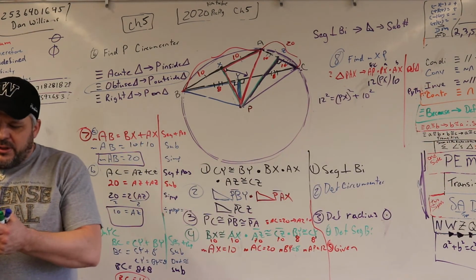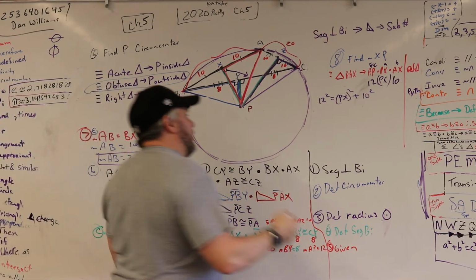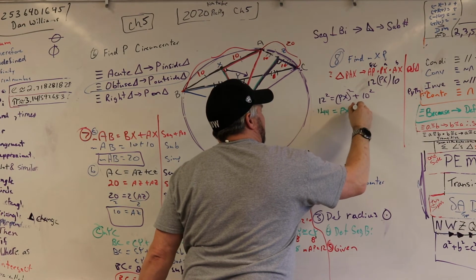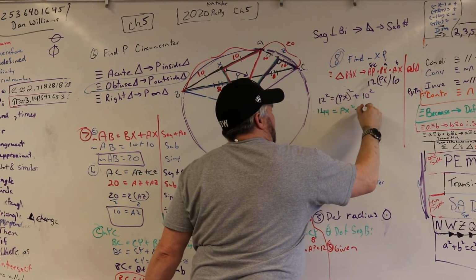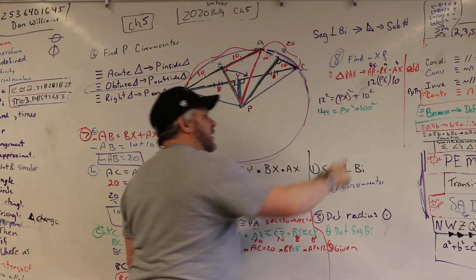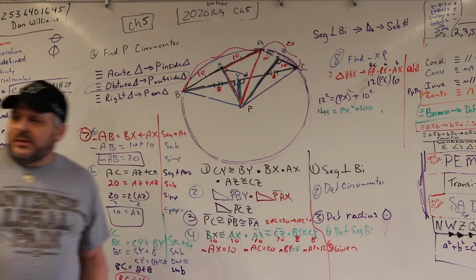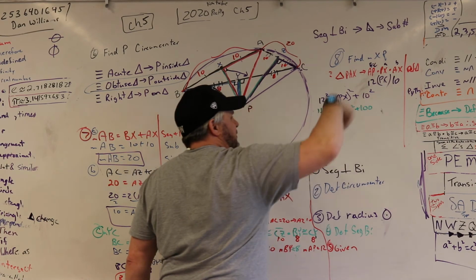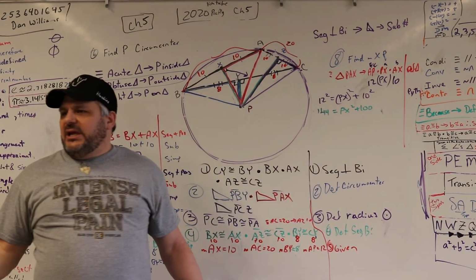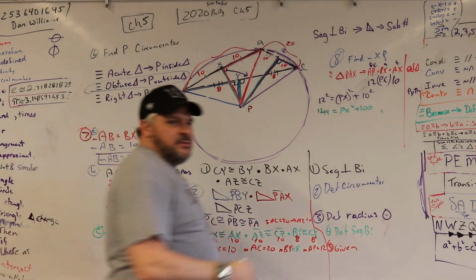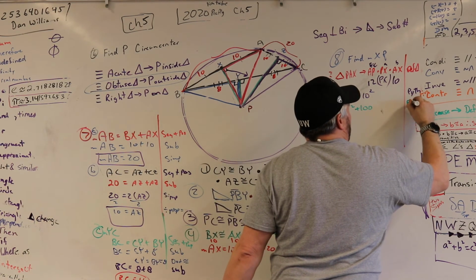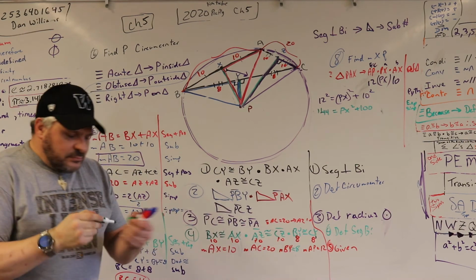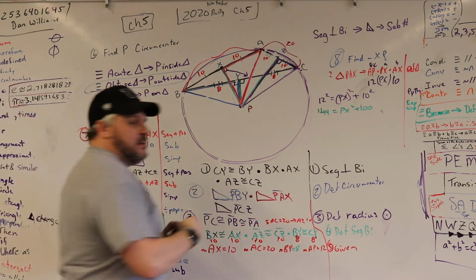Okay? Then what? What is 12 squared? 144. Equals PX squared plus 100, right? Sorry, not 100 squared, 100. Okay, then what do we do? Simplify using your exponents. So exponent simplification, and then subtraction on both sides.